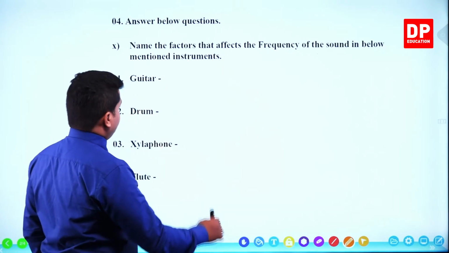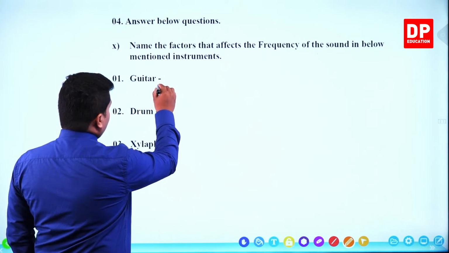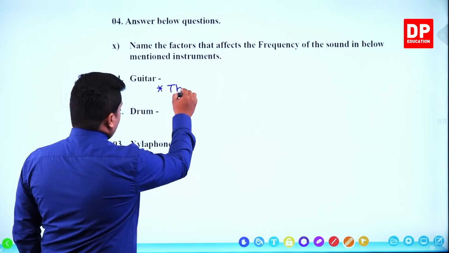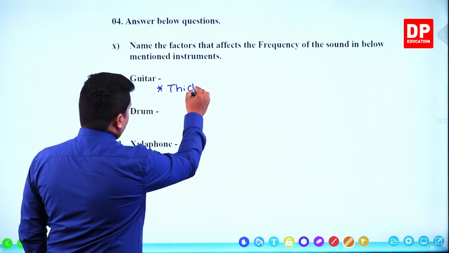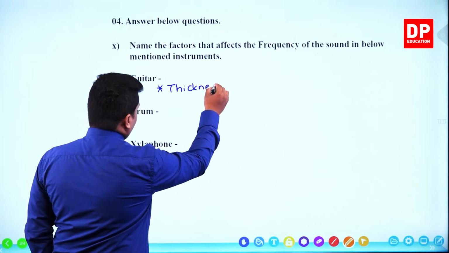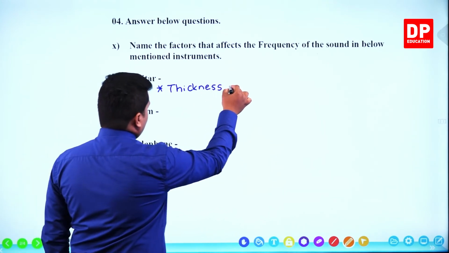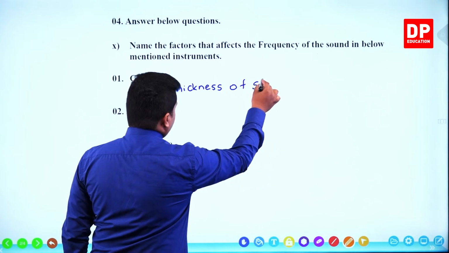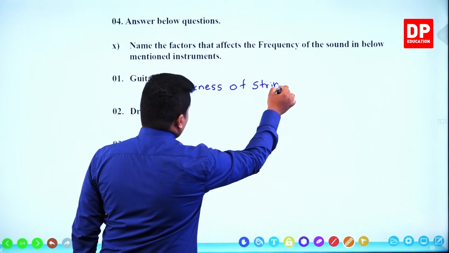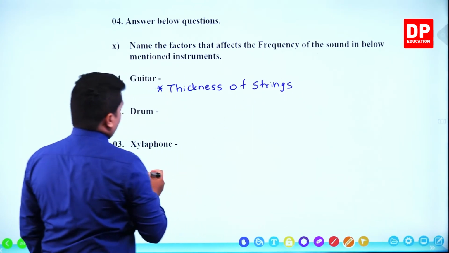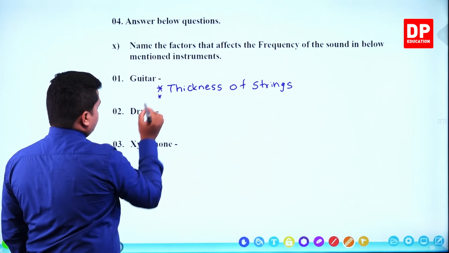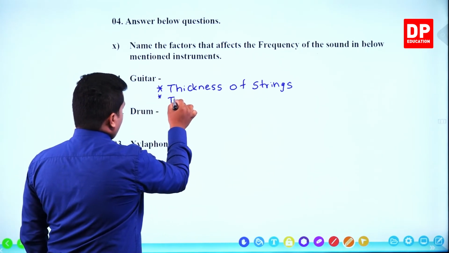So we'll write: thickness of strings. Next one, tension of the string.